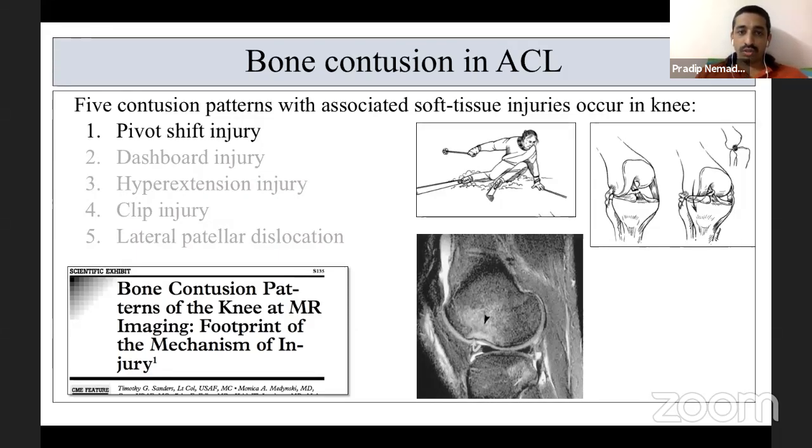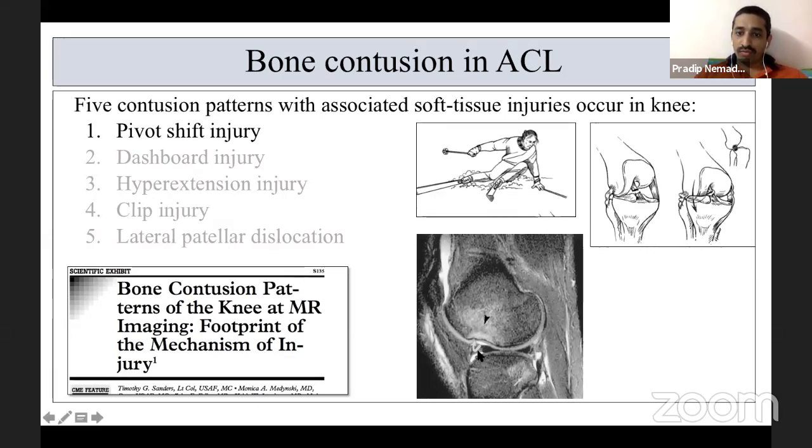The same author also mentioned in the introduction that there are 5 contusion patterns that are associated in a knee, like the pivot shift, dashboard, hyperextension, clip, or lateral patellar dislocation, out of which the pivot shift pattern is generally associated with the ACL, where the tibia tends to subluxate anteriorly, resulting in abutment of the lateral femoral condyle and the posterior part of the tibia, leaving the bony footprint.